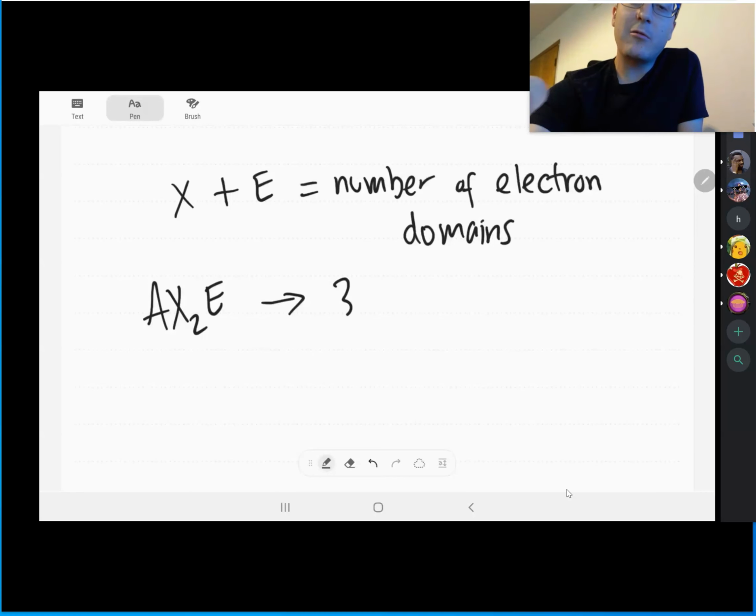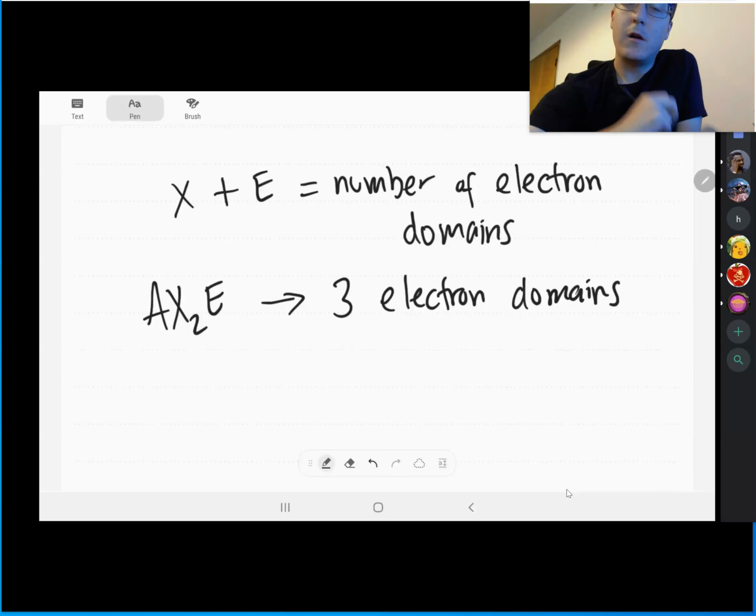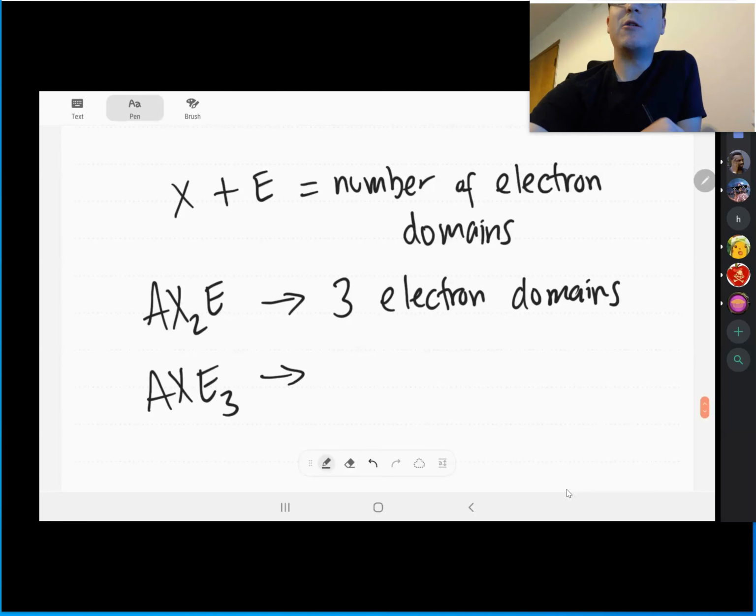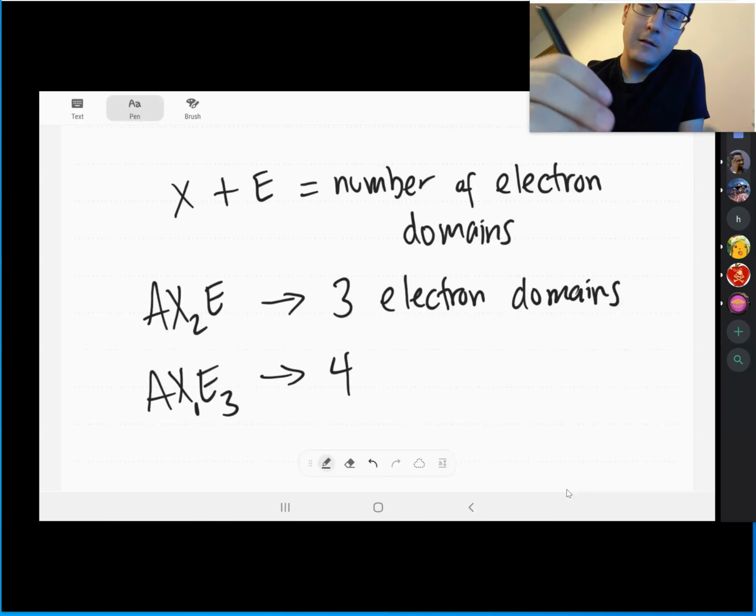Yeah, it's got 3 electron domains. How about this one? Yes, of course. Is it Melissa? I agree with Shelby. So remember that if we don't write any number, it means 1 next to it. Okay, cool. Good. No problem.